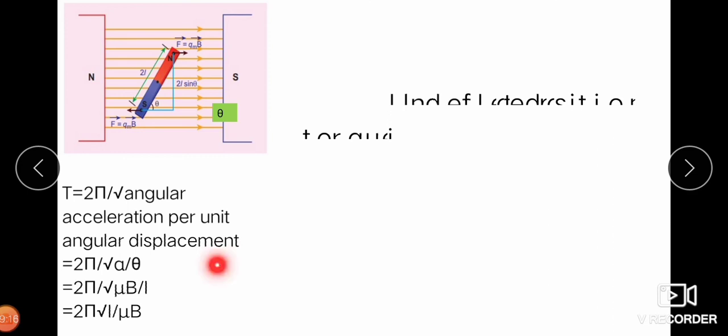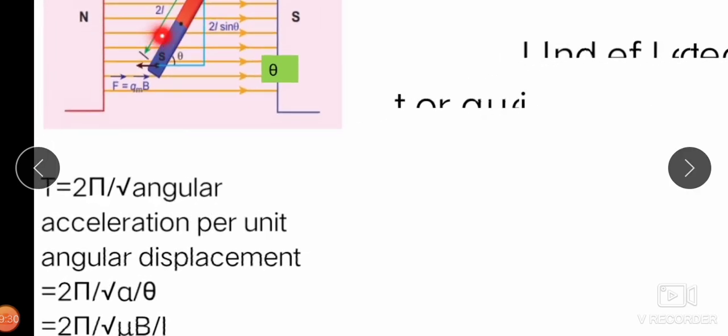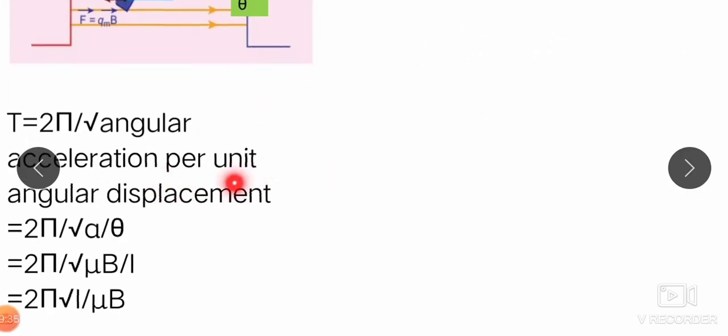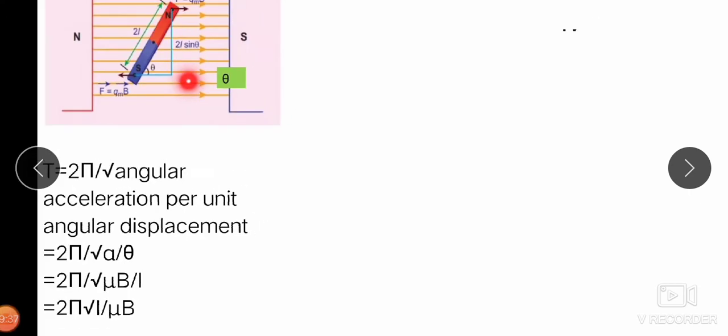This is equal to 2 pi upon square root of alpha upon theta, which is equal to 2 pi upon square root of mu B upon I. This is equal to 2 pi square root of I upon mu B. This is the formula for the period of a magnet vibrating in a magnetic field when the magnet is pivoted at some point.